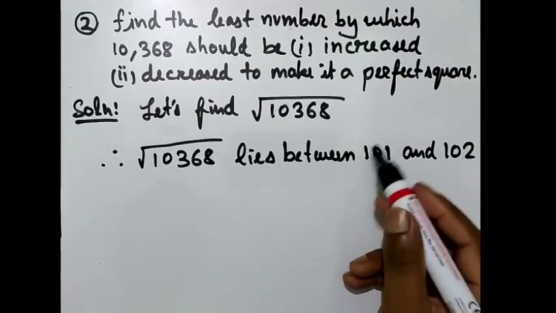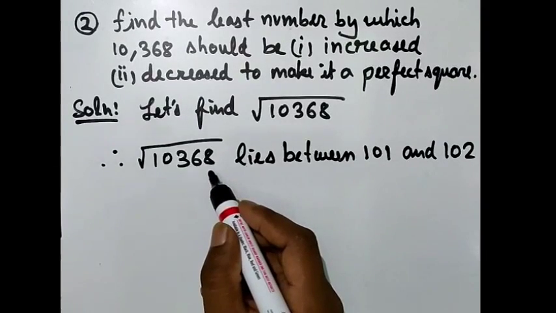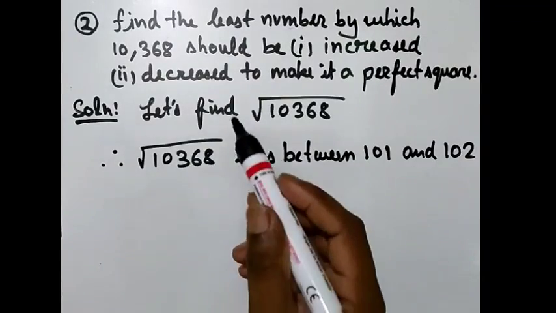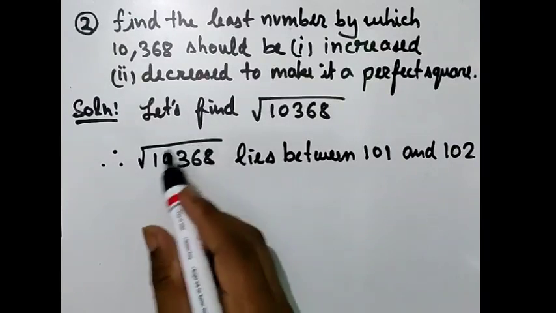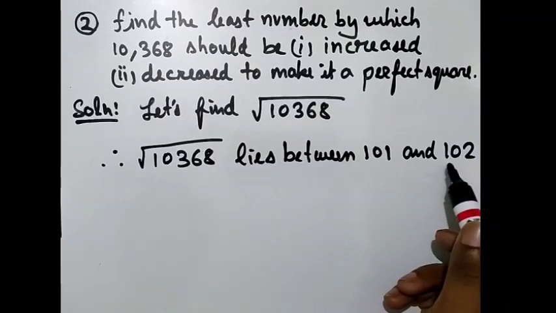So it lies somewhere between 101 and 102. But they have asked us not to find the square root of this, but what number should be added to make it a perfect square. Now we saw that it was not a perfect square, but it is lying somewhere between 101 and 102.